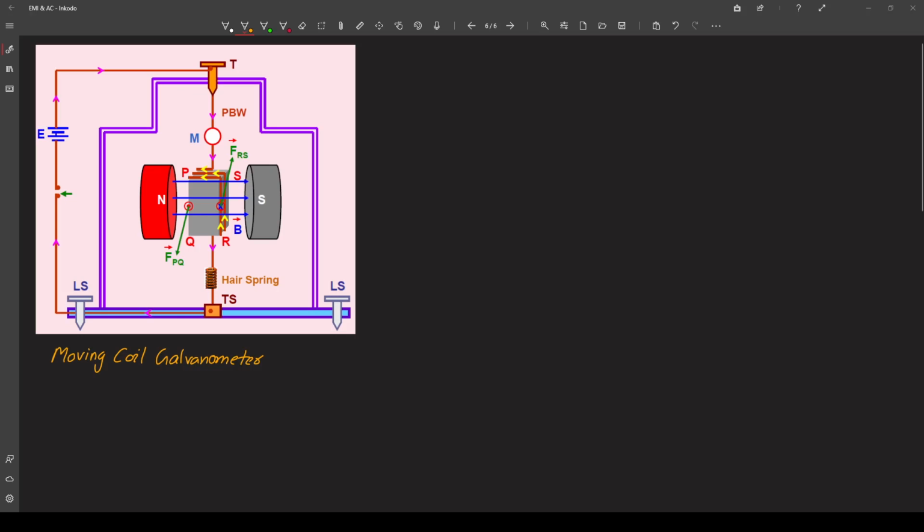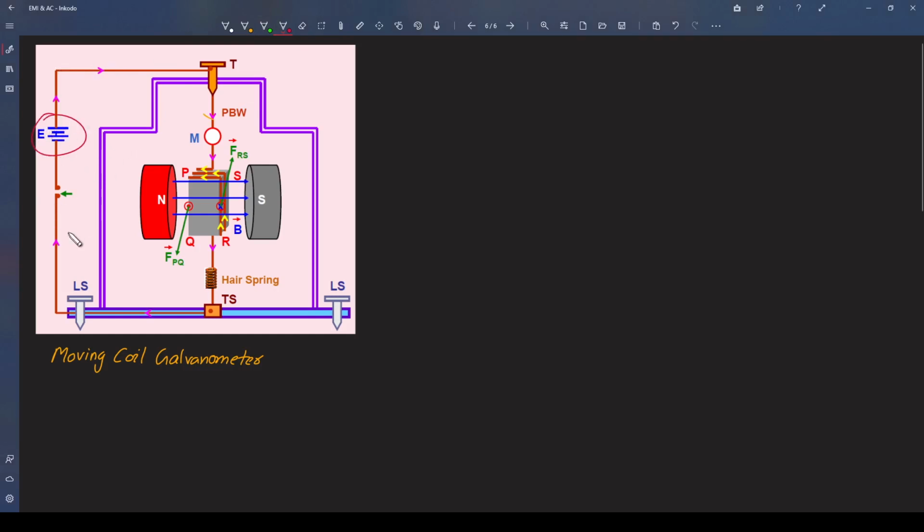Now this particular concept is also used to determine the presence of current in a given circuit, right? So if you draw current from that circuit, as you can see here, this is the external circuit.